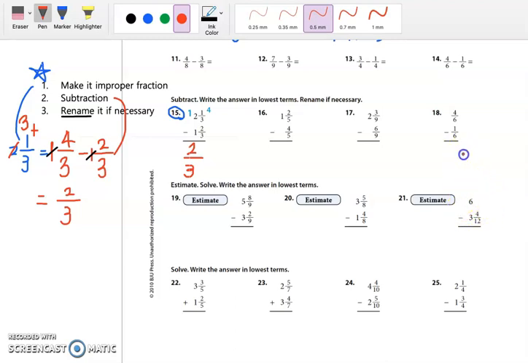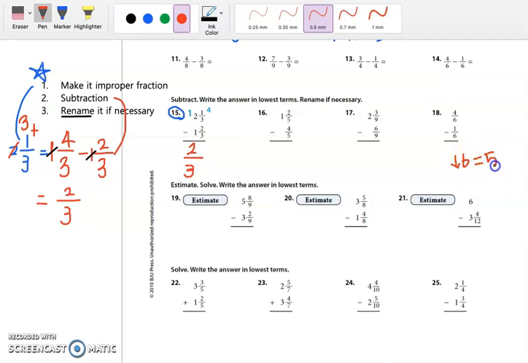So I'm going to take 6 here. And how can I turn it into a fraction? Just like what I did for this question, I'm going to reduce this whole number. This might be confusing, so I want you to pay close attention. What I mean by reducing is I'm going to borrow.